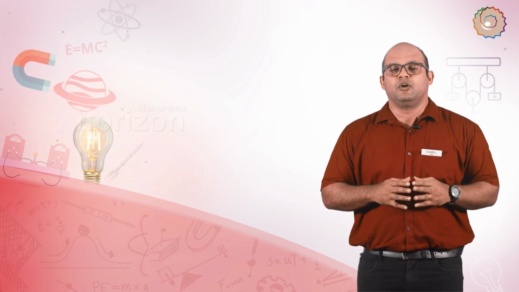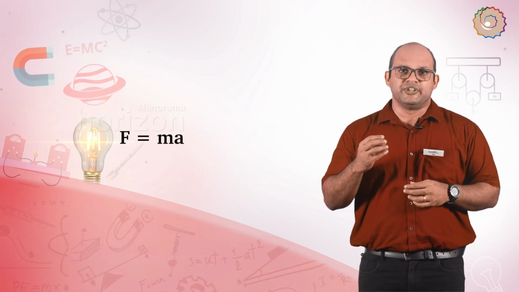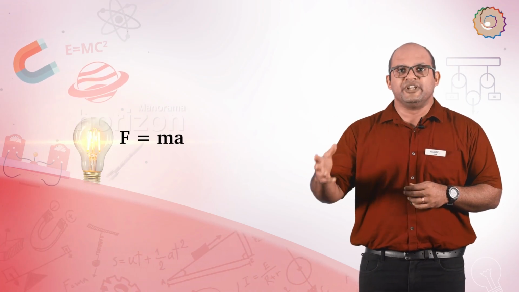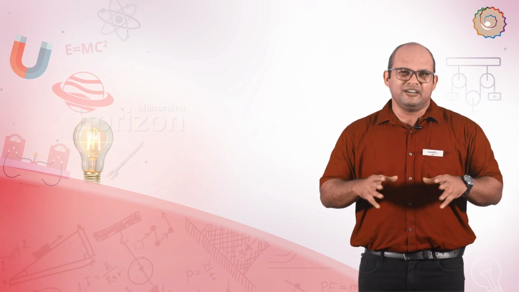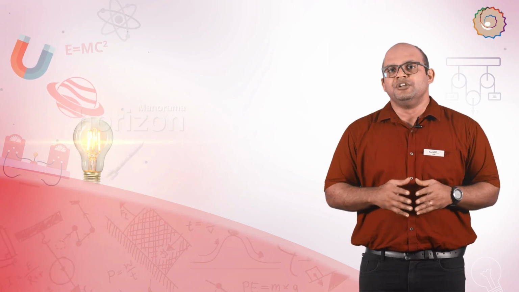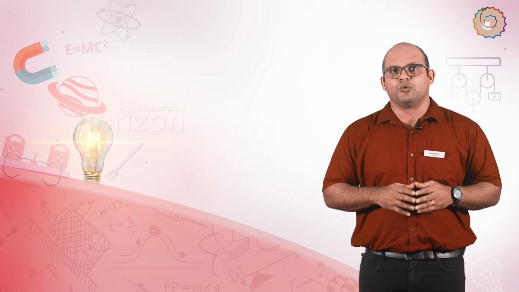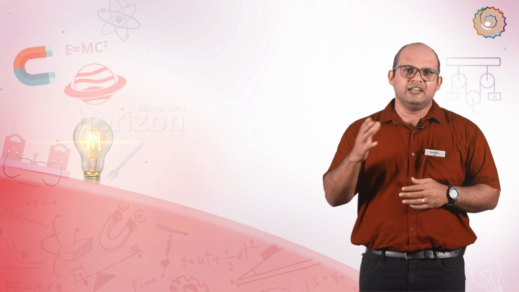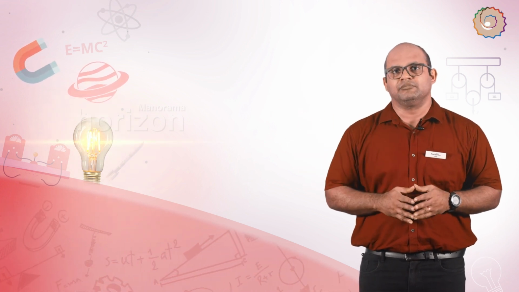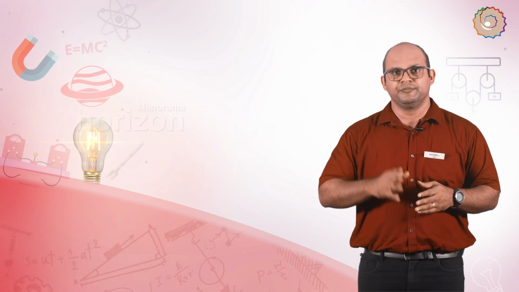The force applied on an object is equal to the object's mass multiplied by the object's acceleration in response to that force. In standard units, force is measured in newtons, and 1 newton of force will cause an acceleration of 1 meter per second squared in an object of mass 1 kilogram if the force was applied for a second.